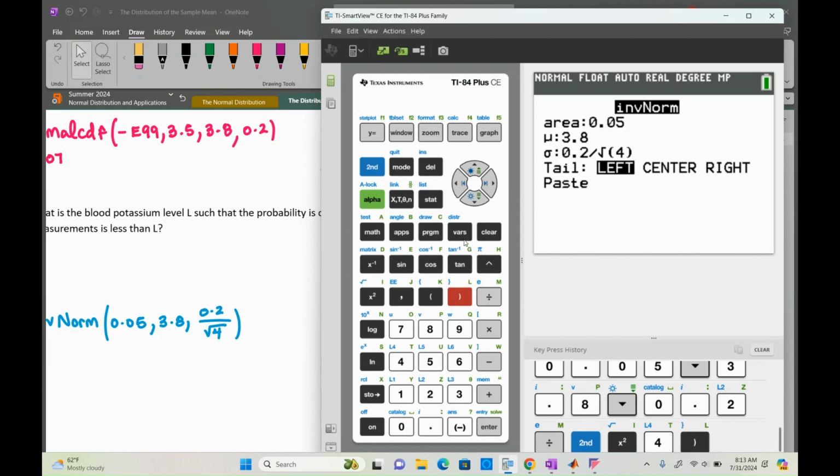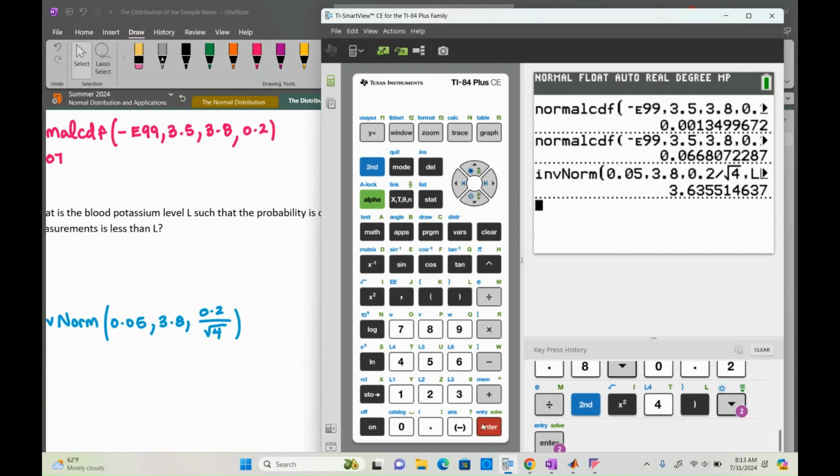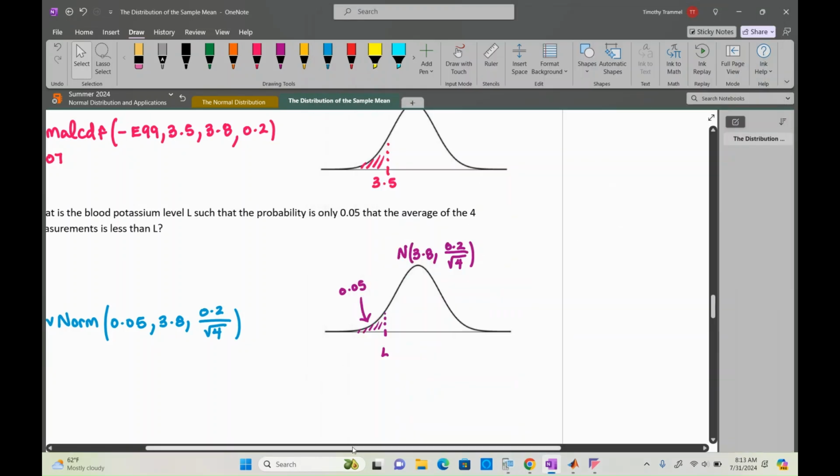There we go. And like I've mentioned in the previous video, I'm always going to leave this on left because we don't all have the center and right setting on our calculator. And there we go. We're getting about 3.6. So let's go record that.